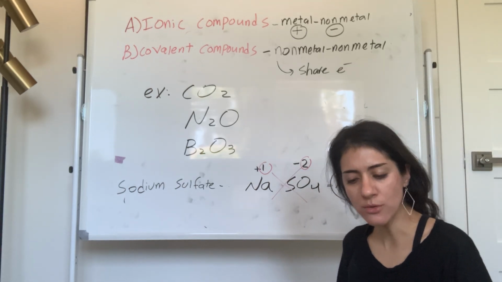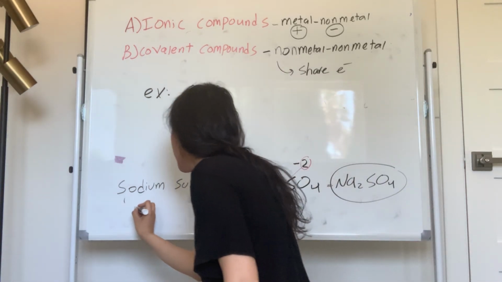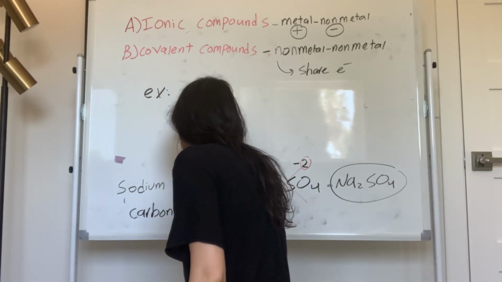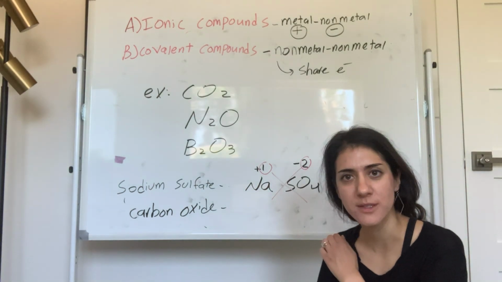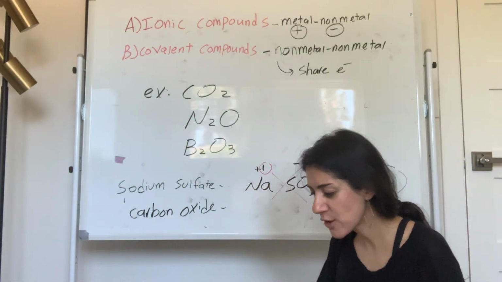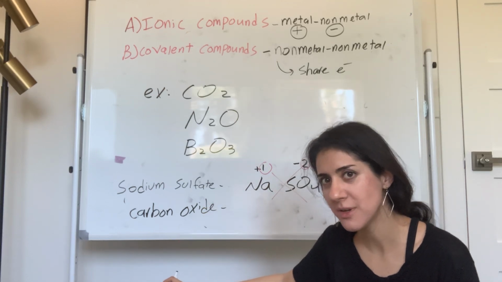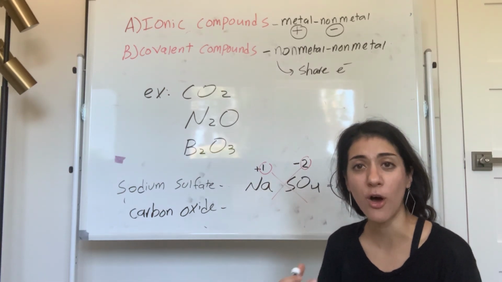Now, I just told you that for covalent compounds, there are no charges. So if I tell you to write down the formula for carbon oxide, because there is no balance of charges, how would you know? Is carbon oxide CO? Is it CO2? Is it CO3? How would you know how many carbon and oxygen you have?